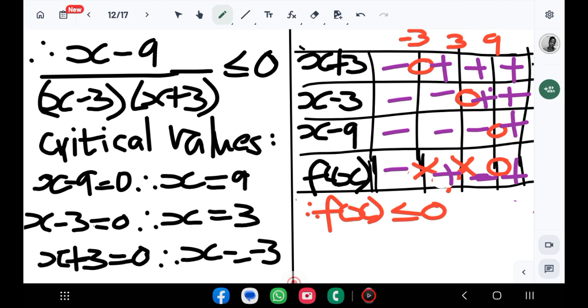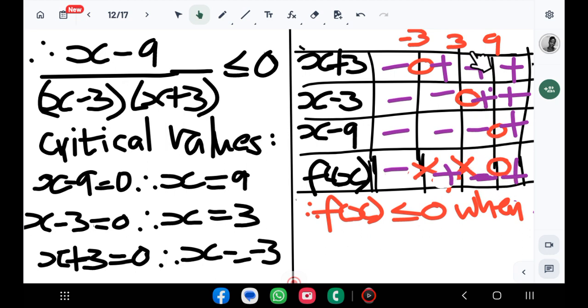When is it 0? The only time it is 0 is when your x is equal to 9. But anywhere else it is undefined. It cannot be 0 because it is undefined. So when is it less than or equal to 0? When is it negative?